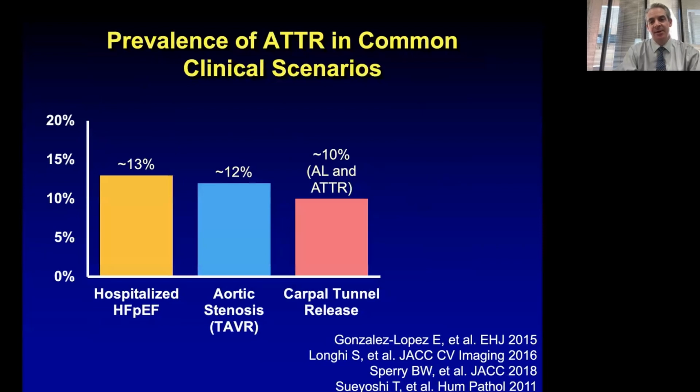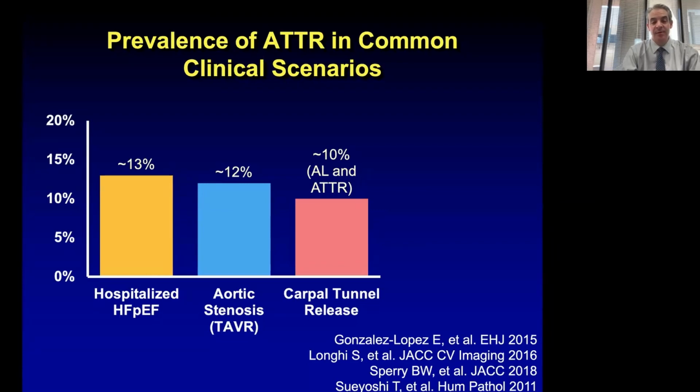So what about some other common clinical scenarios? Now, these are more specific for ATTR, but some of them are shared by AL amyloidosis. So anybody that is hospitalized with HFpEF, we do see that approximately 13% of those individuals may have cardiac amyloidosis.